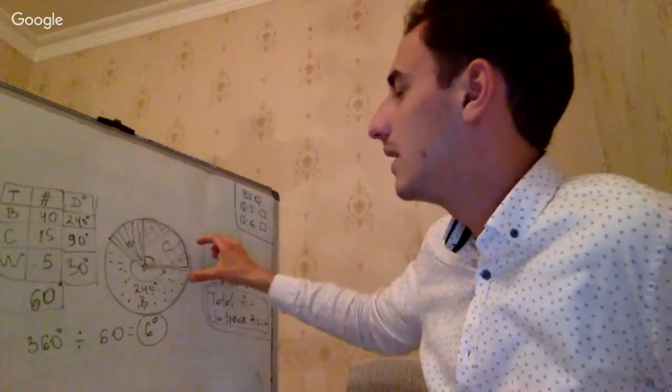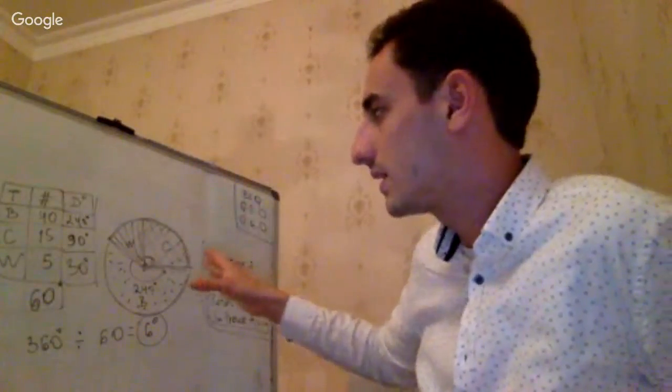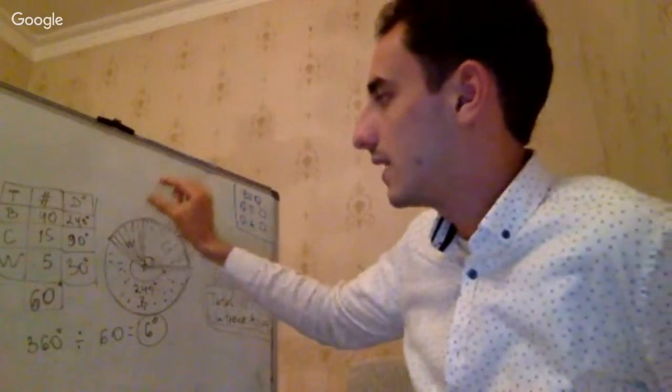You need to find how many small sections you have, and then divide 360 by that number of small sections, and then you'll see how many degrees one section represents. For example, if you have 10 sections, it means that one section represents 36 degrees, okay? Because 360 divided by 10 is 36.